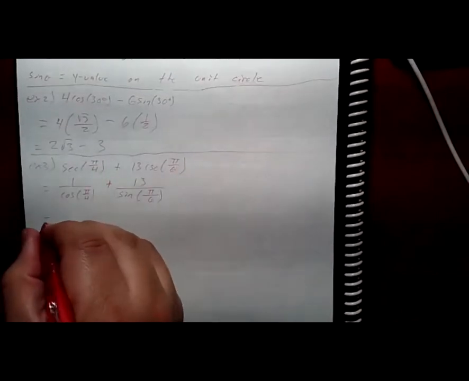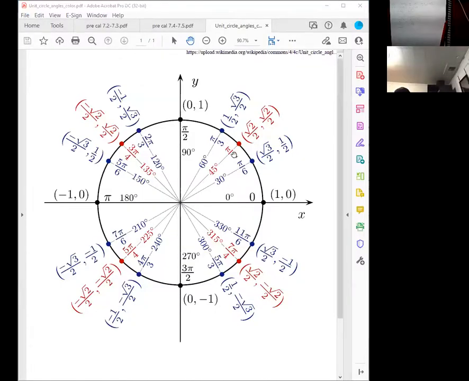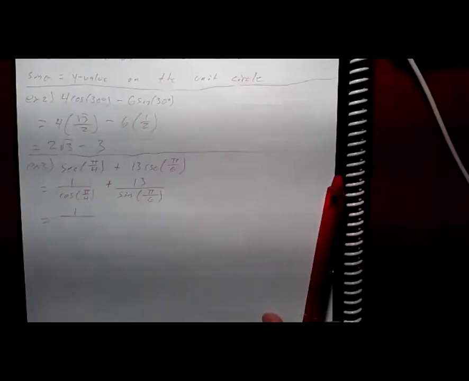So cosine of pi over 4, let's go look at the circle. Pi over 4 is the same as 45 degrees. Cosine is square root 2 over 2. Sine of pi over 6 is going to be square root 3 over 2. So those are the answers I'm going to use.